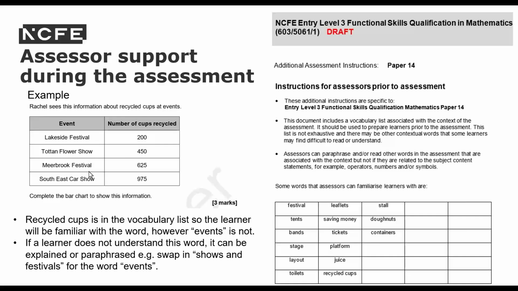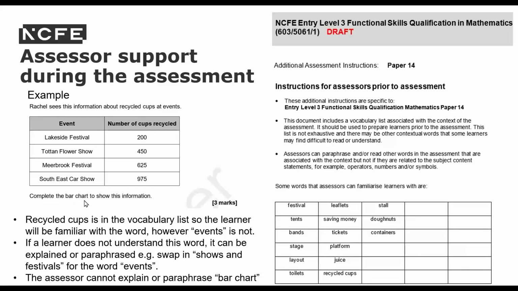So that's an okay way to paraphrase this same question, should you have a learner that doesn't understand the word events. That's fine. What you couldn't do, what the assessor could not do, is paraphrase the word bar chart. And you couldn't explain that word either, bar chart.